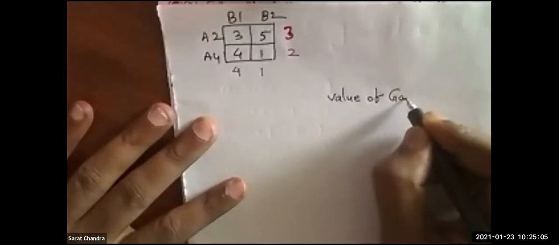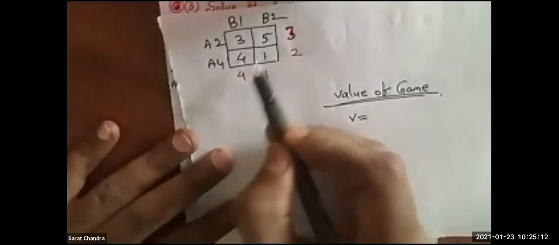Clear? Now we have to calculate the value of the game. The trick is you take any column and multiply with the oddments.